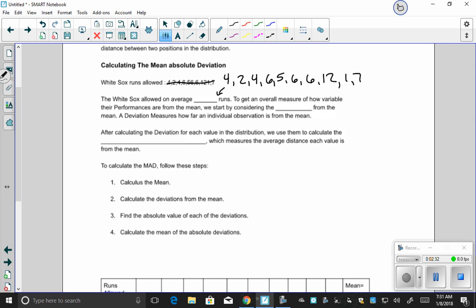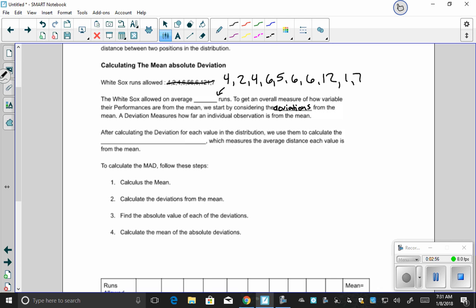To get an overall measure of how variable their performances are from the mean, we start by considering the deviations from the mean.